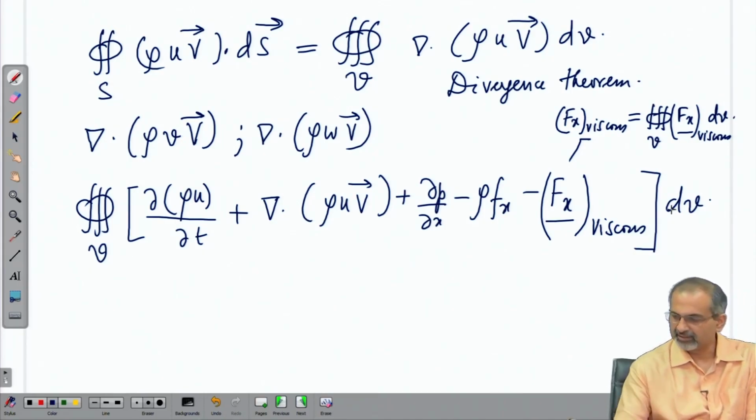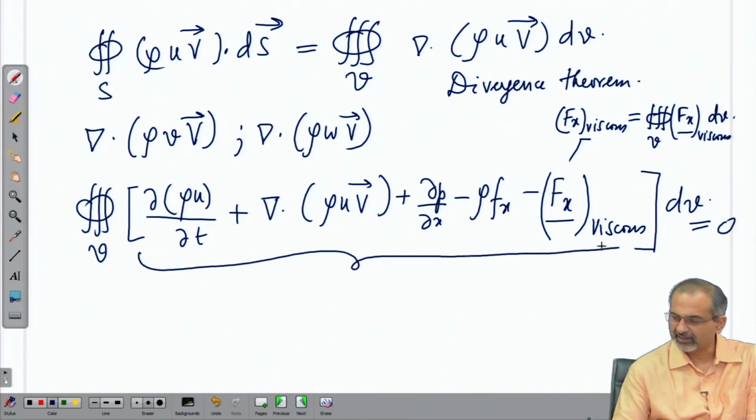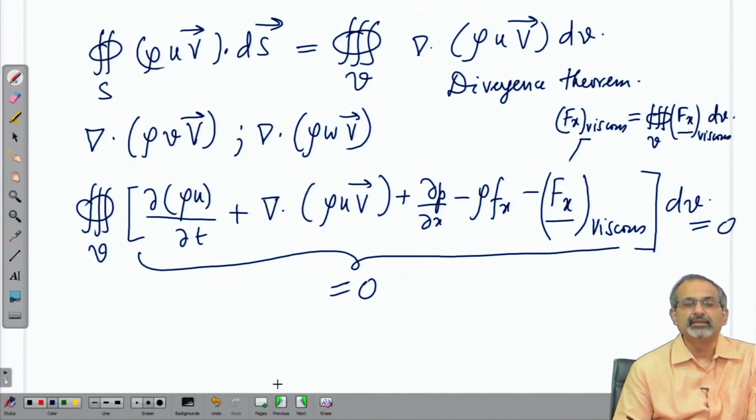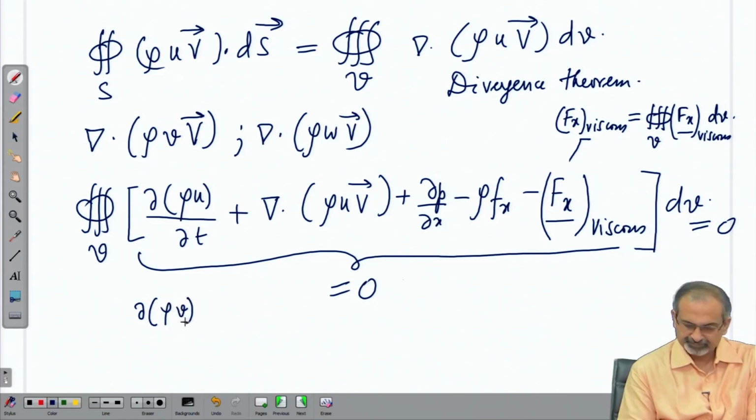Now, as you can understand, if the integral goes to 0, then this entire expression has to be equal to 0. So, that gives the x component of the momentum equation in differential form. Similarly, you can write the y and z components.